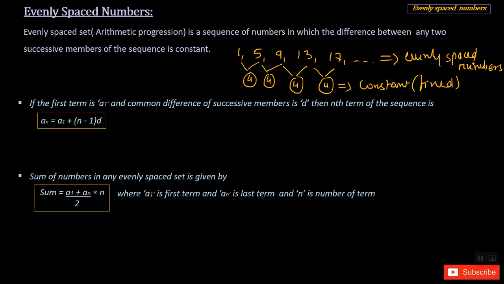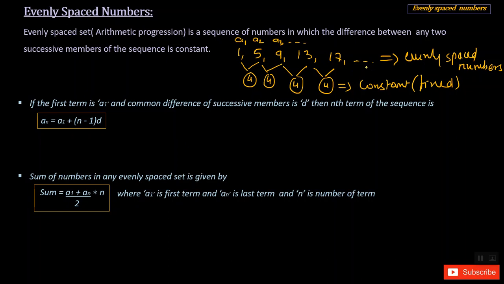So what type of questions may you expect on this? Let's consider this is my first term. In general, we represent it with a1. This is my second term, a2, a3, and so on. The first type of question you can expect here is, what is the nth term? This is my first term, second, third, fourth, fifth, and so on.